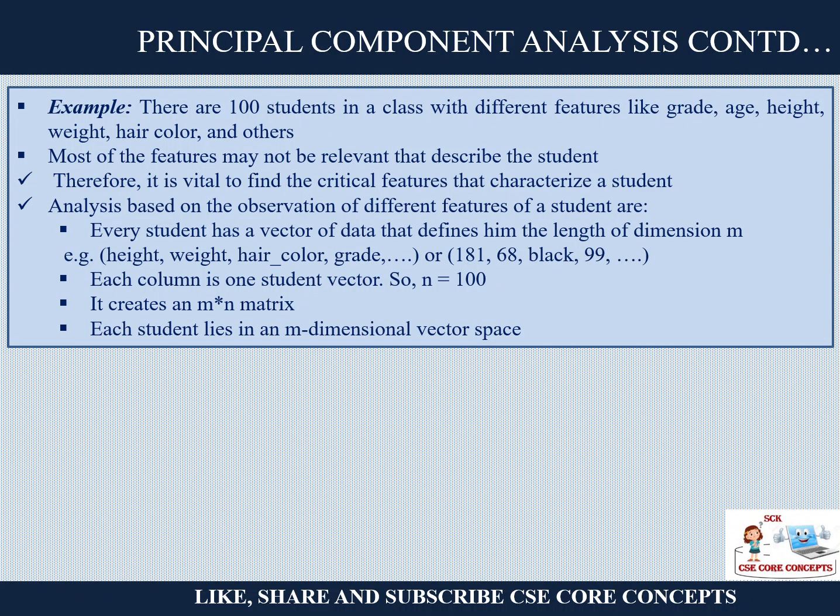Every student will have their own features, right? Let's say you are storing all these features in the student database. Now, most of the features might not be relevant in describing the student. That means you have to find out the critical features that characterize the student. Do we analyze the student based on the color of the hair? Not at all. Or the weight of the student?